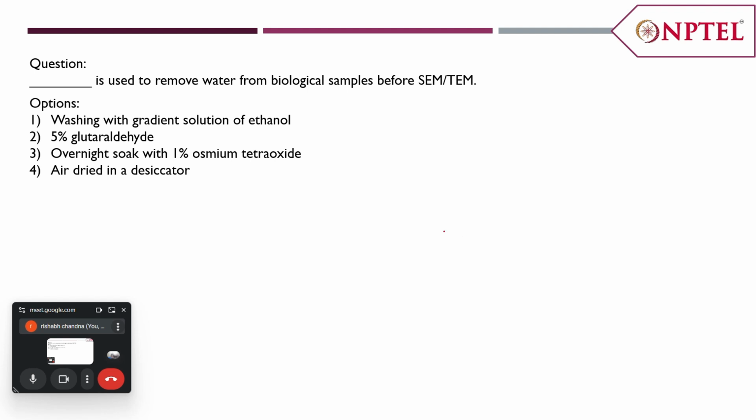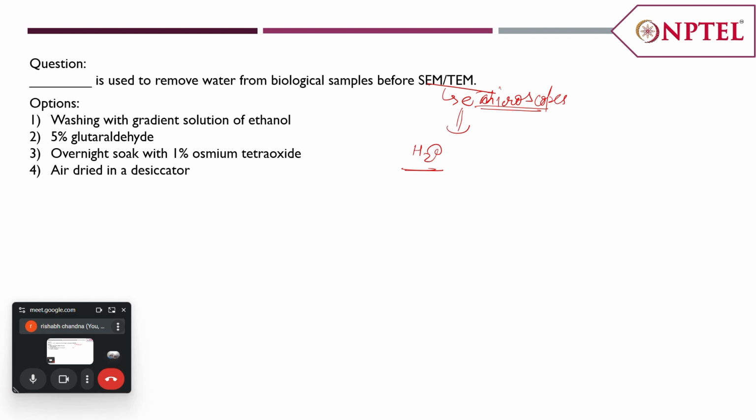So here two answers can be correct, because SEM and TEM are electron microscopes. Electrons are being used to visualize the samples, and if water were present, that would hamper the imaging using the electrons.